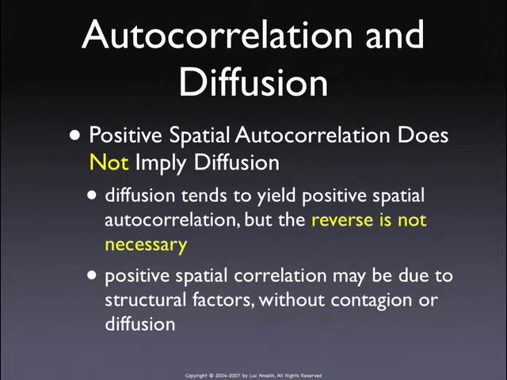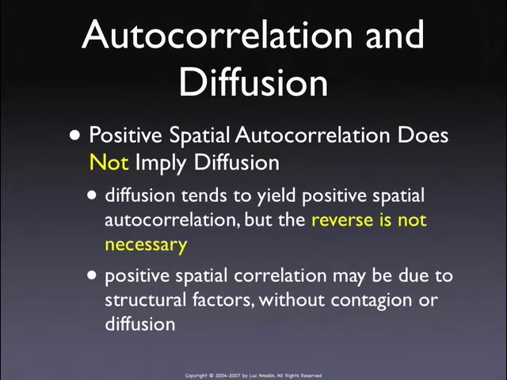The same example I gave earlier on, you find a village where everybody's sick, cross-section, one snapshot, one picture. Are they sick because somebody came in and made them all sick? Contagion. Or are they sick because the water is bad and they all drank the water? Structural factor. Crime, you see high crime in a neighborhood.